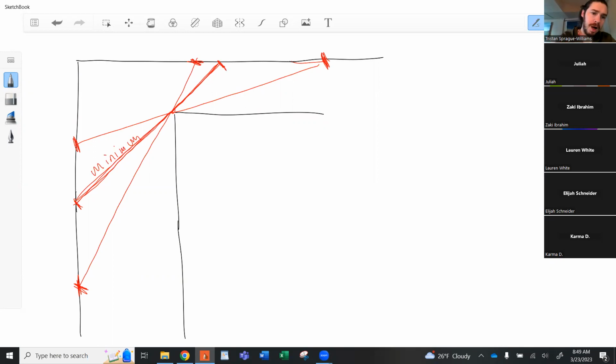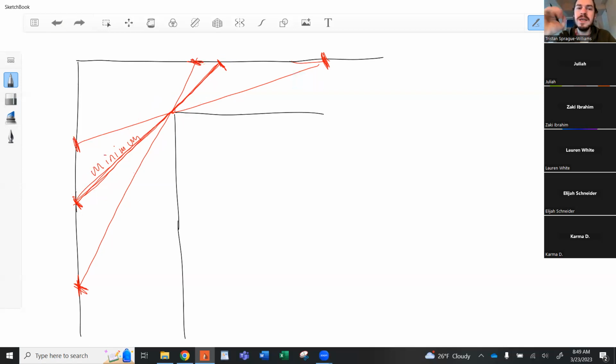So the smallest gap is the length of the longest item that you can carry around the corner. If the item were any longer, it wouldn't be able to fit in that smallest gap, and therefore it would get stuck. Does that make sense?